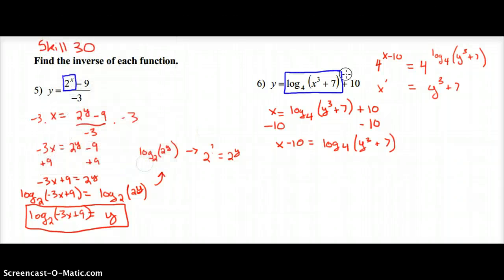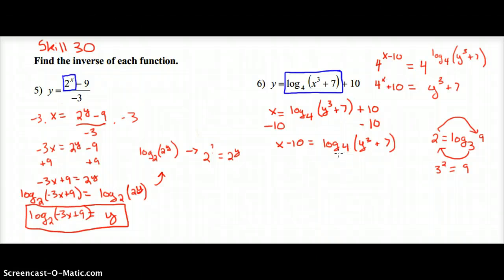So I would get y cubed plus 7 on the right, and on the left I would get 4 to the x minus 10. Another way, though, is to think about the basic definition of a logarithm. The log base 3 of 9 equals 2 because 3 squared equals the argument of this logarithm, 9.